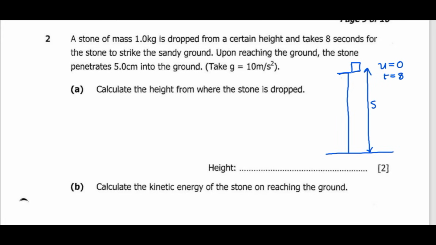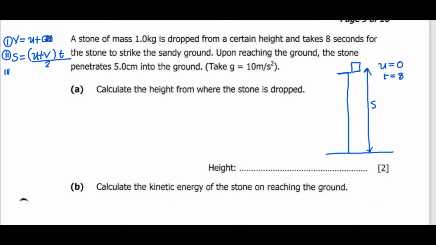So here we are going to use the equations of motion, where our first equation is final velocity is equal to initial plus at. The second one is displacement is equal to u plus v times t over 2.